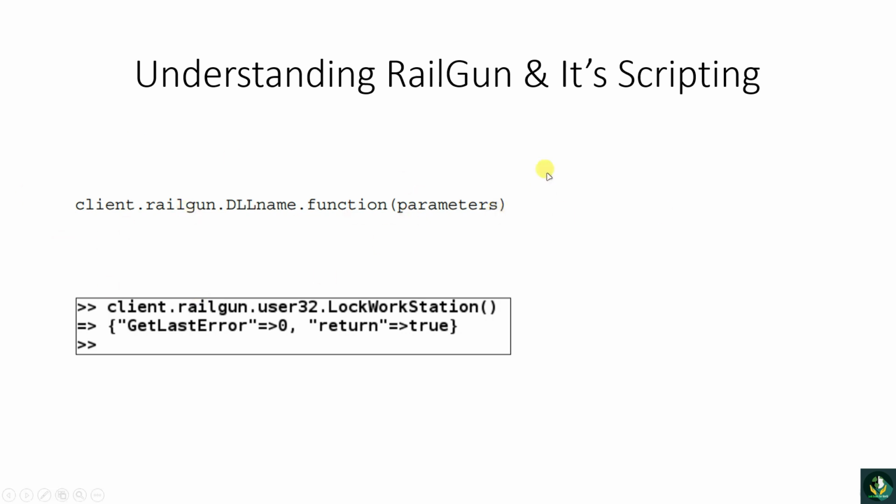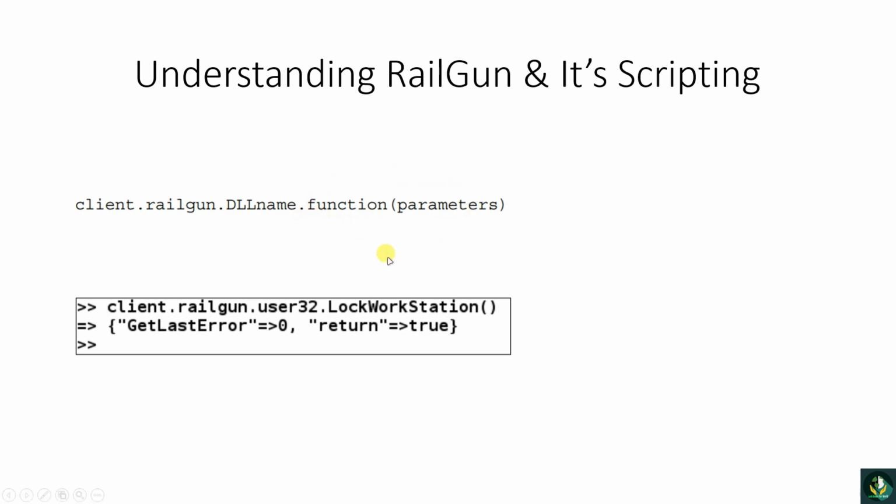So this is the basic structure of an API call in Railgun. The client.railgun keyword defines that you need the functionality of Railgun for the client. The DLL name keyword specifies the name of the DLL file for making a call.